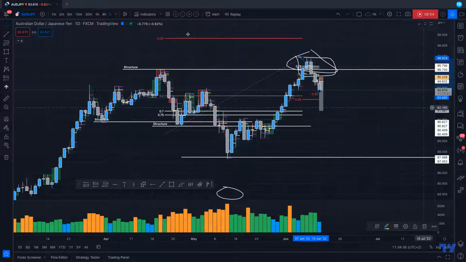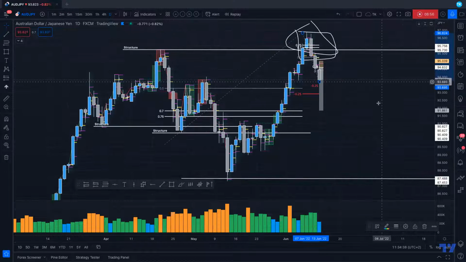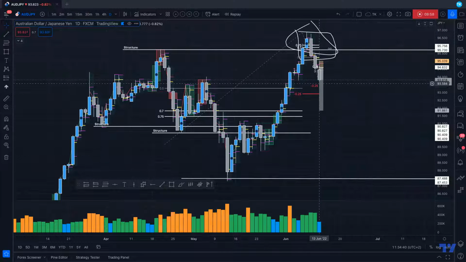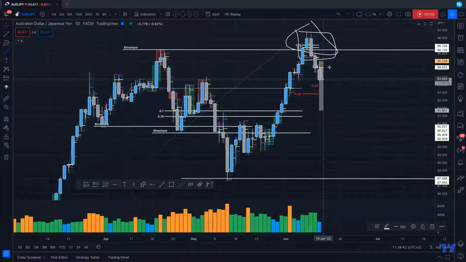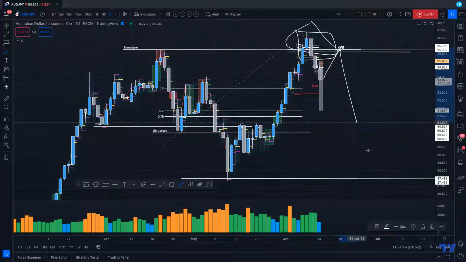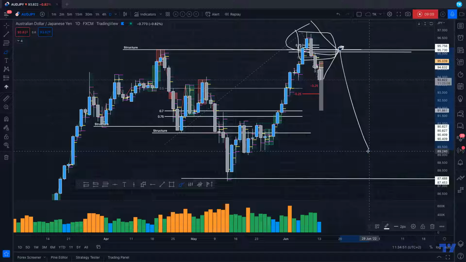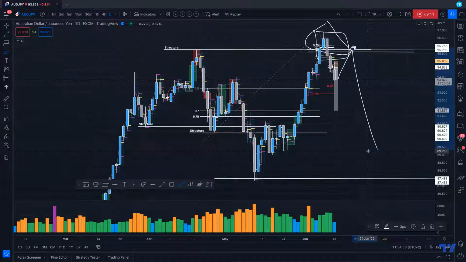So we have to keep in mind that price will probably react, retrace and take the inefficiency here, to keep on going down again.